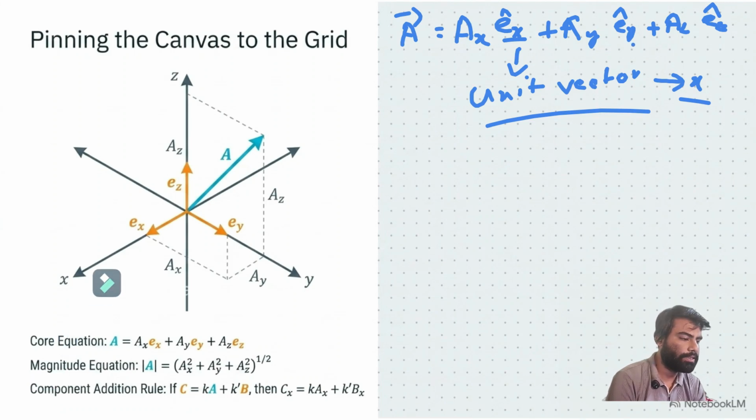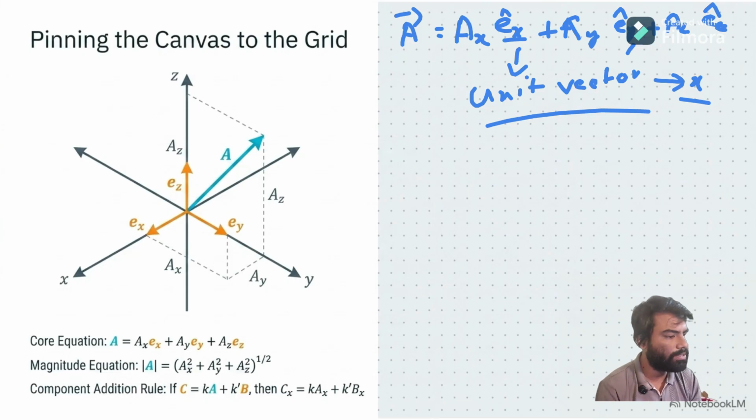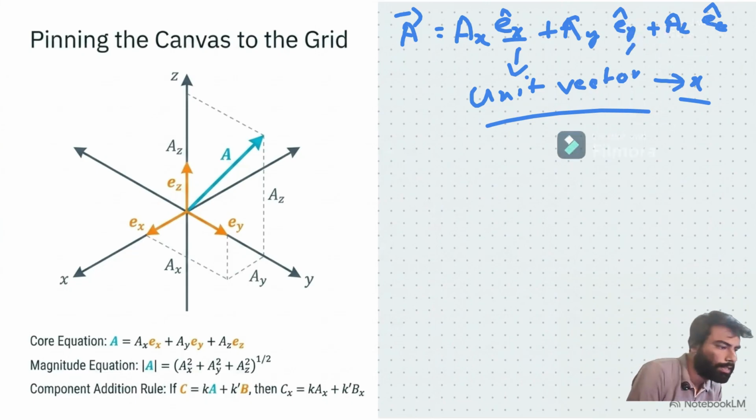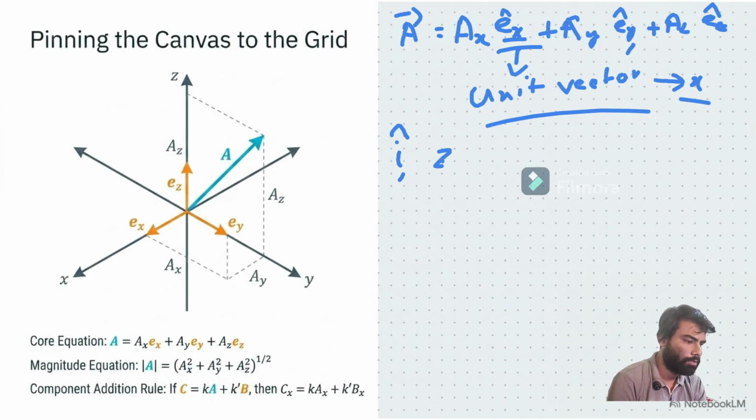Ey means the unit vector along the y-axis. Ez means the unit vector along the z-axis. Now a unit vector can be written in many ways. In some places you can see the notation ex cap, and more standard in some places is the i cap.